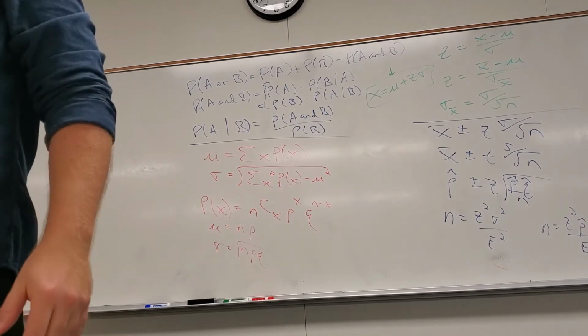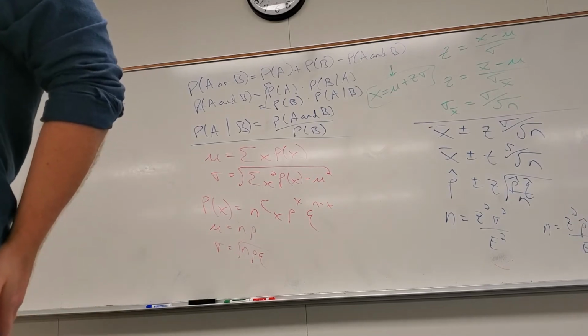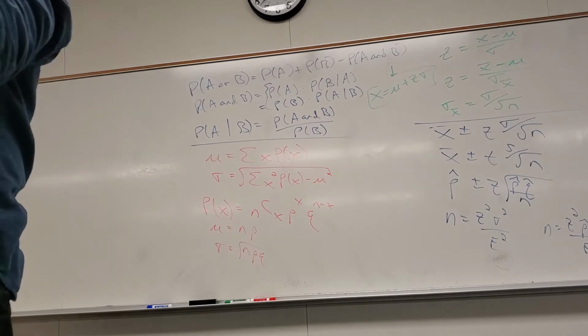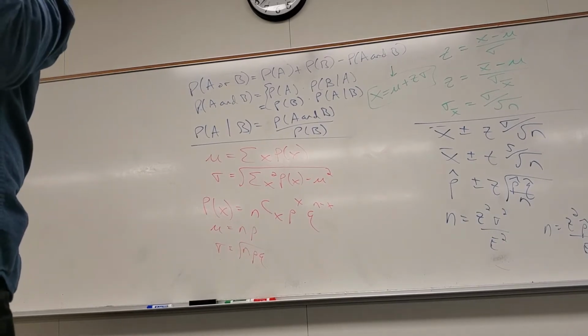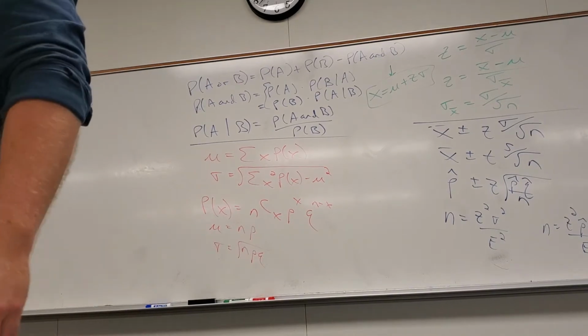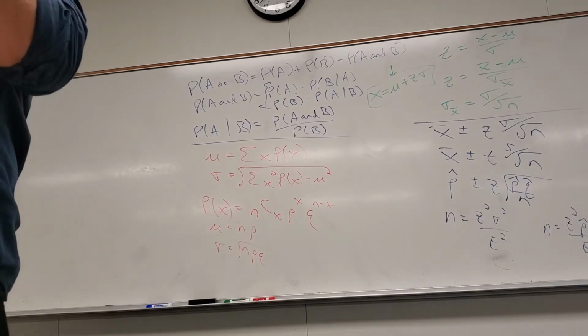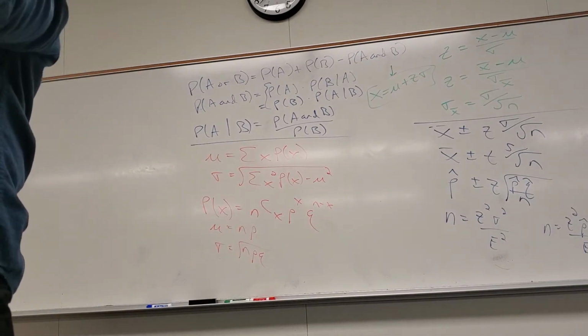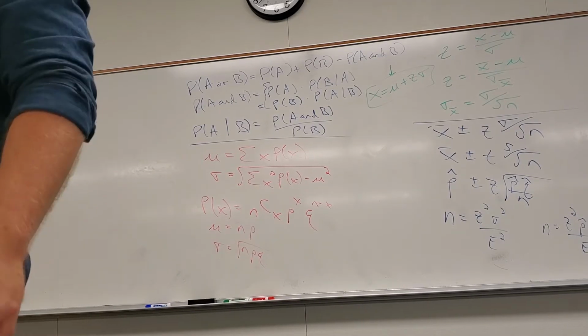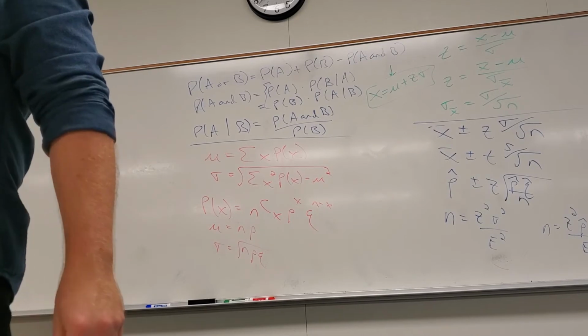You don't need that. Some of you are like, of course I wouldn't do that. Okay, good. But too many people do that. I'm not asking for a confidence interval. So then you have to get your own x bar and s and go from there.